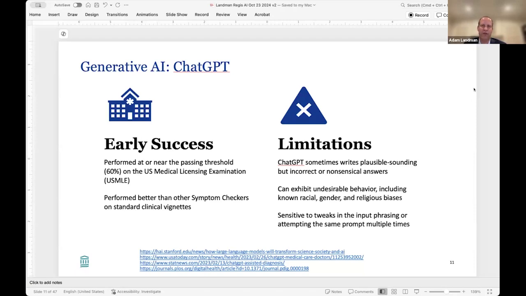The challenge is that there are some really important limitations with large language models. They will give a confident response to almost any question. The problem is that those responses may seem very logical, they may seem correct, but they could be absolutely incorrect and sometimes nonsensical if you know all the facts around it.